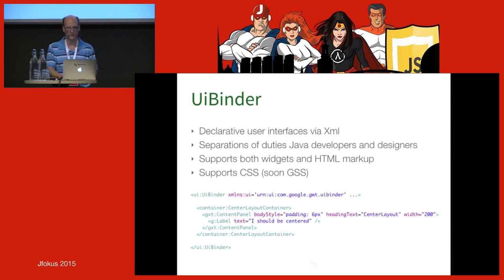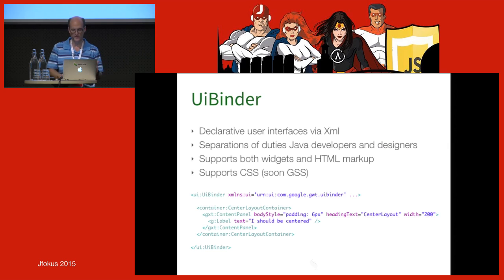We support the standard GWT UiBinder. The vast majority of our widgets can be declared in UiBinder so that you can use XML for your layouts rather than writing Java code for all that. Most GWT developers still prefer UiBinder to the older way of just doing everything with constructors.